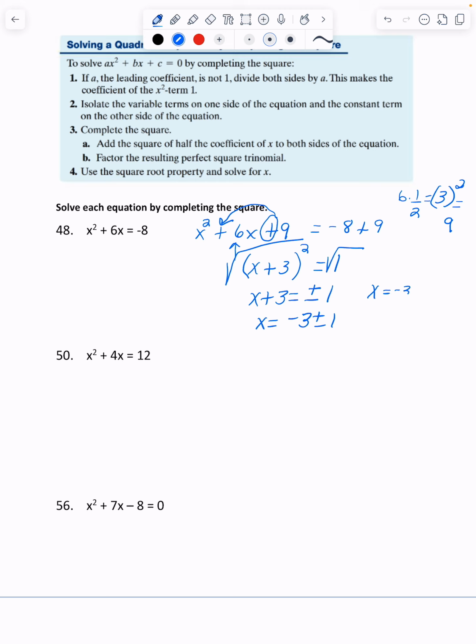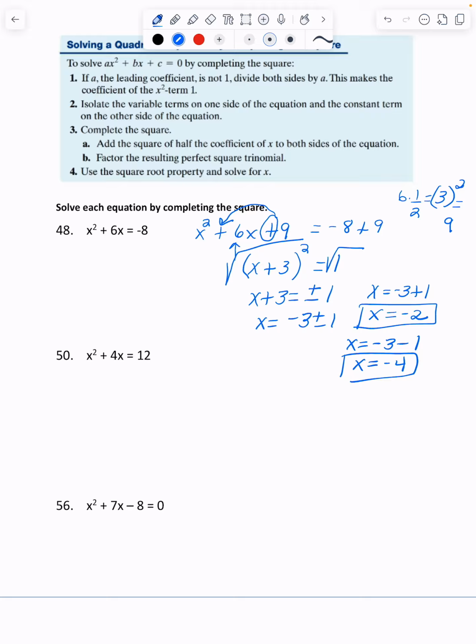I get -3 plus 1, which gives me -2. And I get a second answer, which is -3 minus 1. My second answer would be -4. And I could check both of those by plugging them into the original equation. You would see that I would get a true statement.